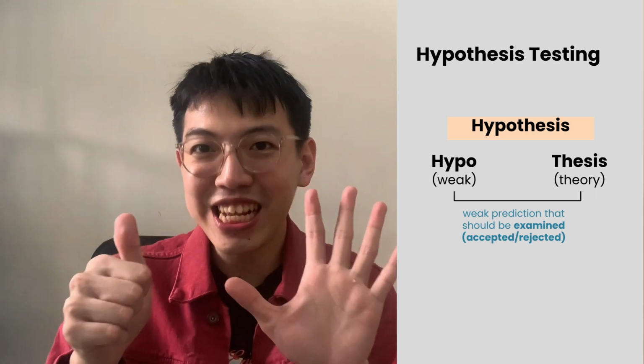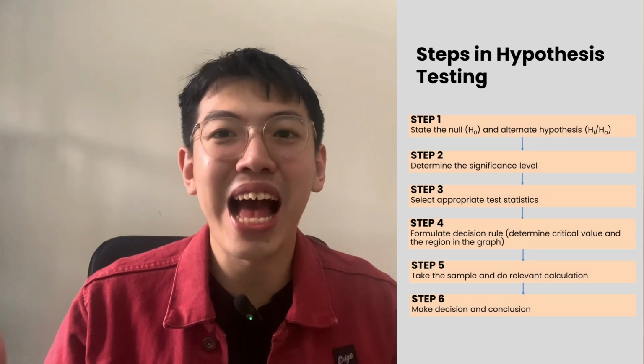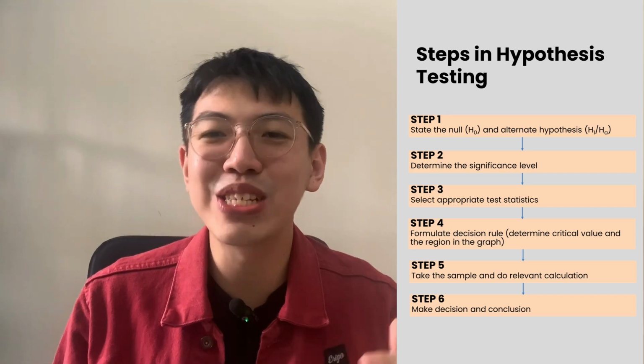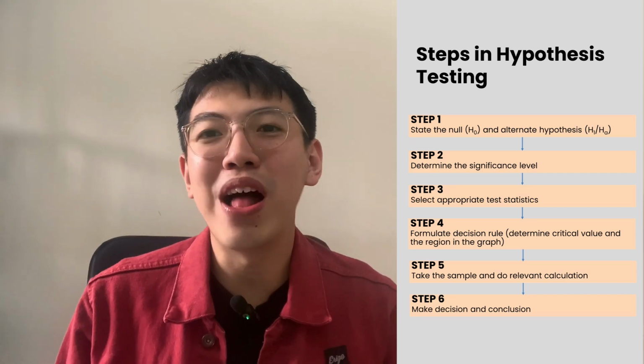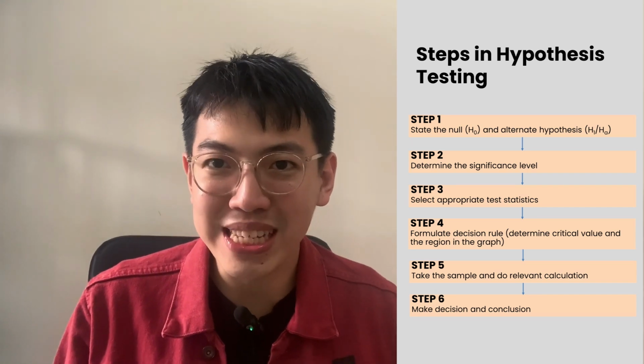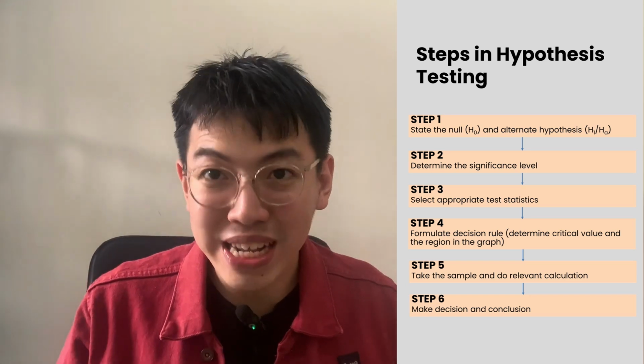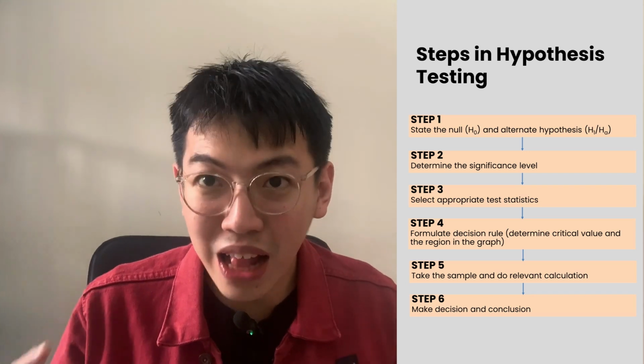There are 6 common steps in hypothesis testing. The first step is state the null and alternate hypothesis. The null hypothesis is symbolized with H0, while the alternate hypothesis is symbolized with H1. The second step is determine the significance level or alpha.